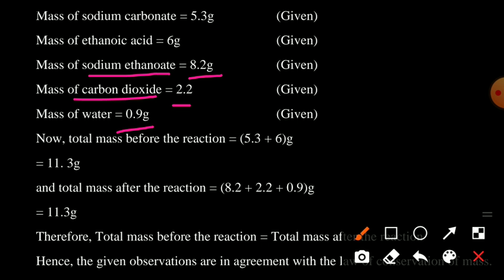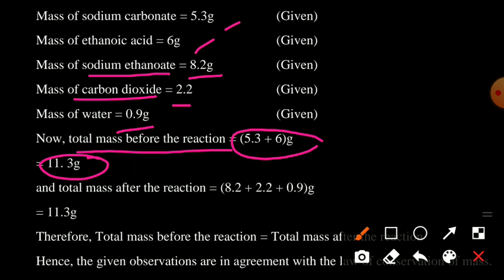Now first we will calculate the mass of reactant, or we can say total mass before the reaction, which is the mass of sodium carbonate and mass of ethanoic acid. So it will be 5.3 plus 6 gram is equal to 11.3 gram.